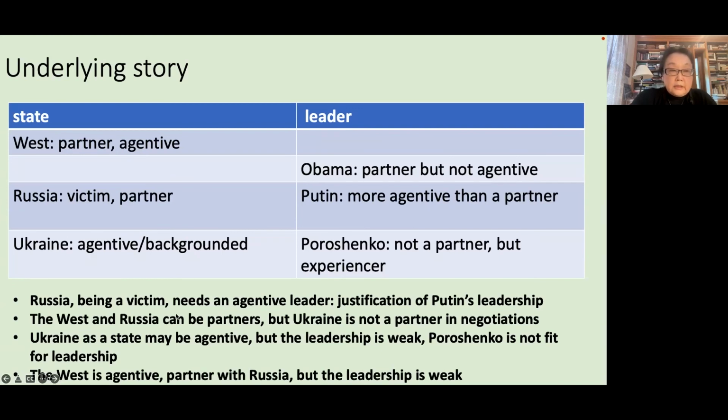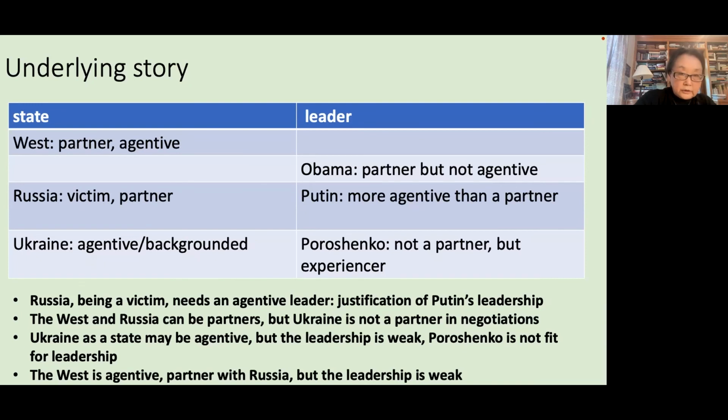And Russia, on the other hand, the state is represented as a victim and negotiation partner. And Putin is more agentive than a partner. So Russia being a victim needs an agentive leader. And so if you combine these two things together, you see that Putin is presented as a justified leader in a way.